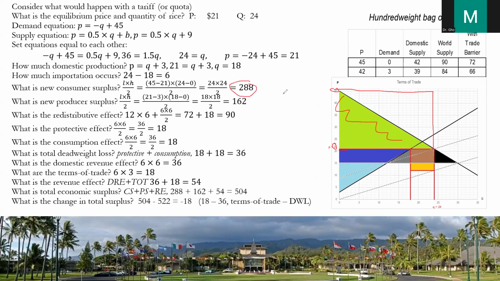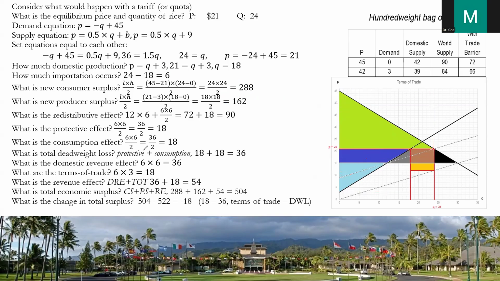And the new consumer surplus is going to be 288. What's the new producer surplus? We have 21 minus 3, which we have right here. And this goes out to 18, what the domestic production is. So you multiply the two together and you'll end up with this square, but we only want half of it, so divide it by 2. The new producer surplus is 162.